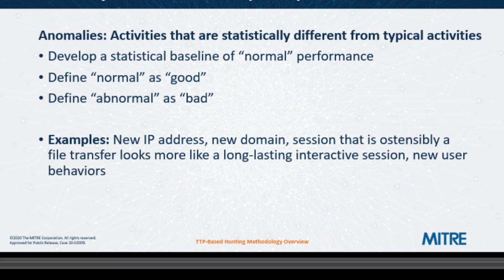A third common approach is anomaly-based detection. In this approach, the analyst often does a statistical-based analysis. Sometimes it's based on math, sometimes it's based on machine learning, sometimes it's just based on the heuristic analysis of the human analyst.